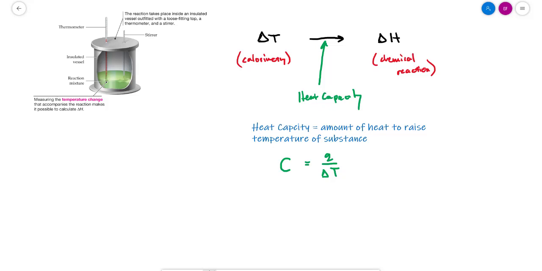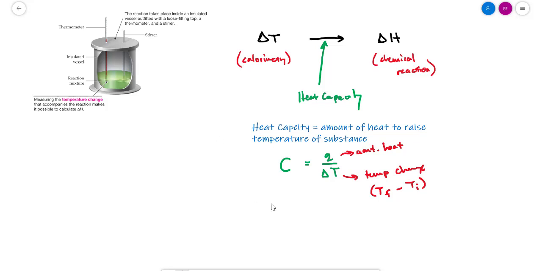It's defined in an expression where C is the heat capacity of that substance, which is the amount of heat, Q, transferred per temperature change, delta T, where delta T is the final temperature minus the initial temperature of that object.